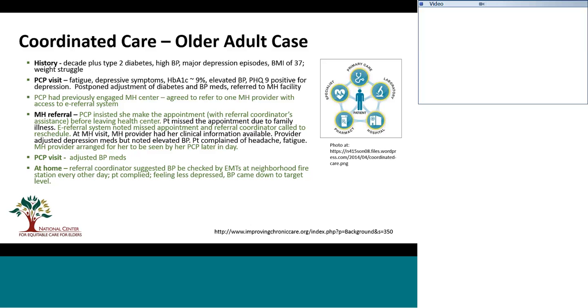And so when it became time for a patient to be referred, the referral system kicked in. There was a dedicated staff member who assisted with coordinating that referral. It happened before the patient actually left the health center. And even though the patient missed the appointment, the system noted that and alerted the coordinator to call and reschedule.